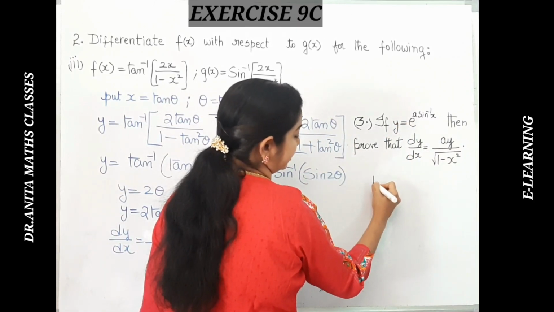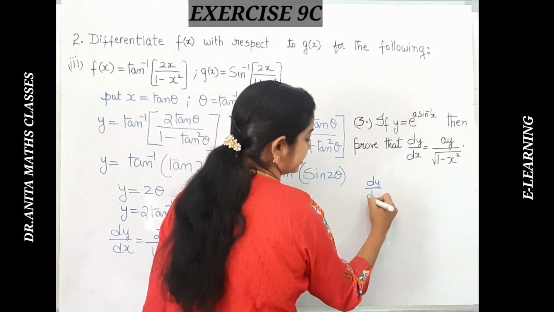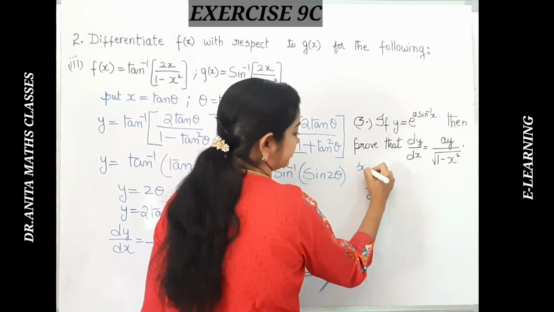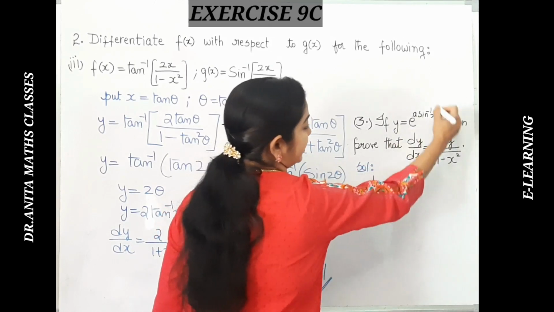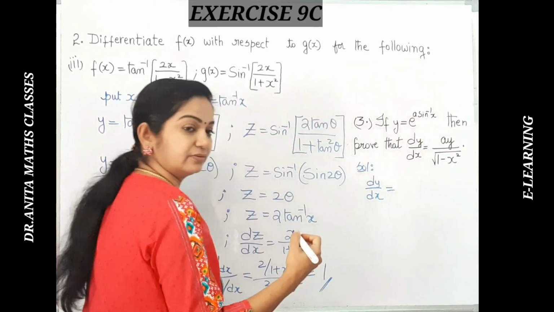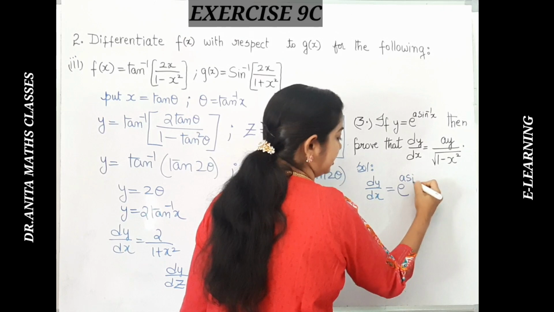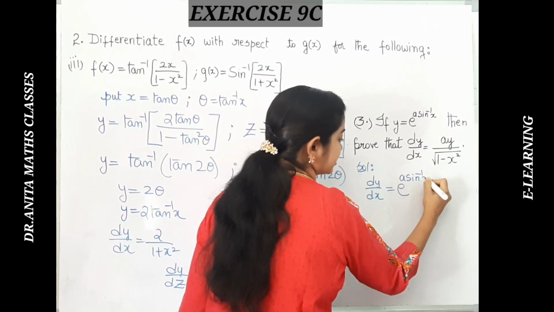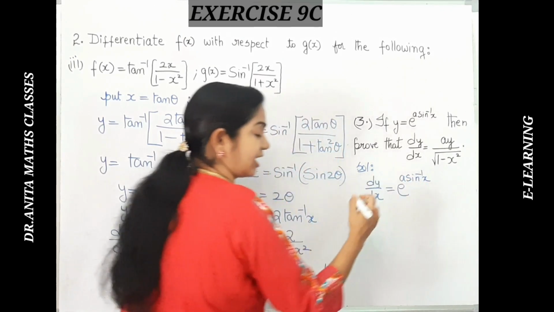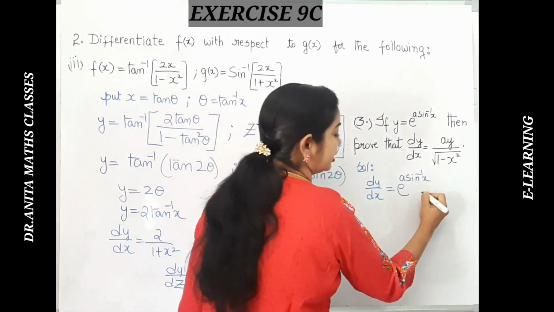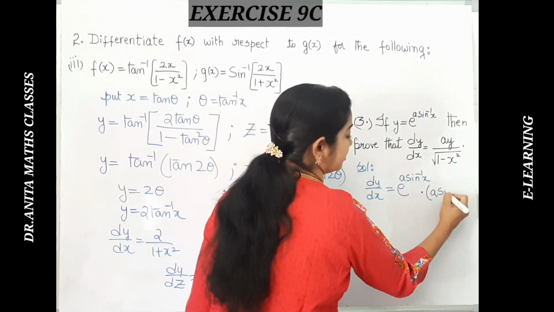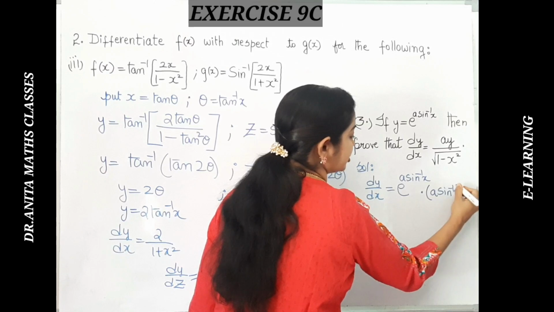We will take dy by dx directly, with respect to x. The e function with respect to x is again the e function only, e raised to the power of a sin inverse x. But here we don't have x, we have a sin inverse x. So we need to again differentiate this using the chain rule.